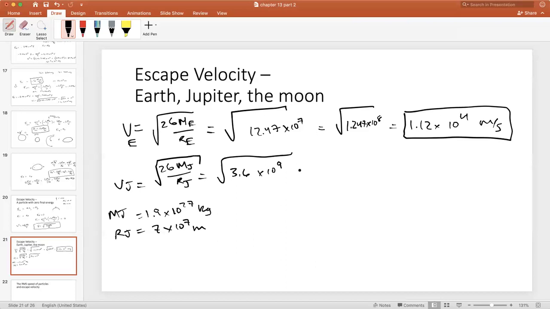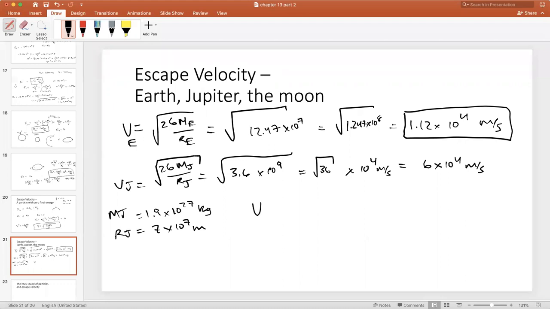Let's move that back, and we see that this is the square root of 36 times the square root of 10 to the 8th, times 10 to the 4th meters per second, which is 6 times 10 to the 4th meters per second, or 60,000 meters per second. For the Earth, it's 11,000 meters per second. For Jupiter, it's 60,000.